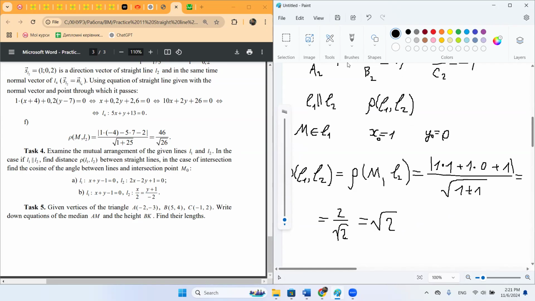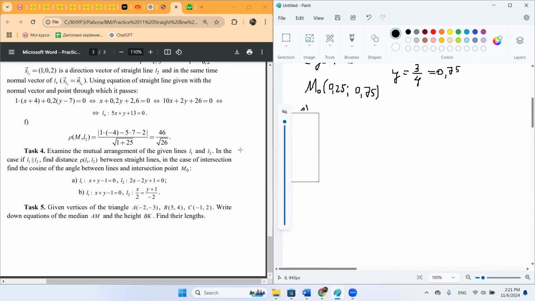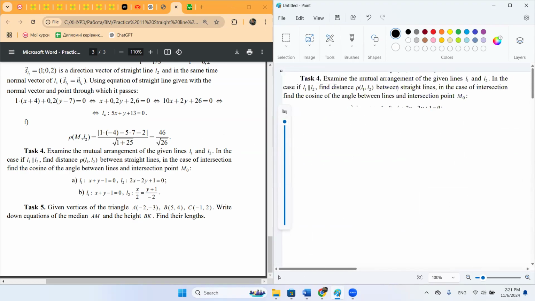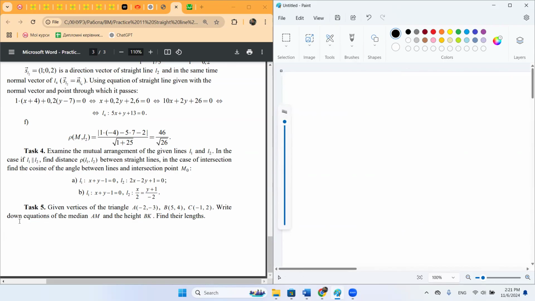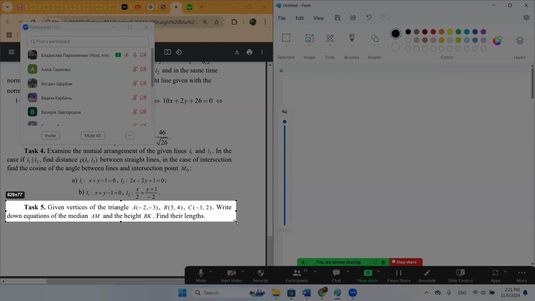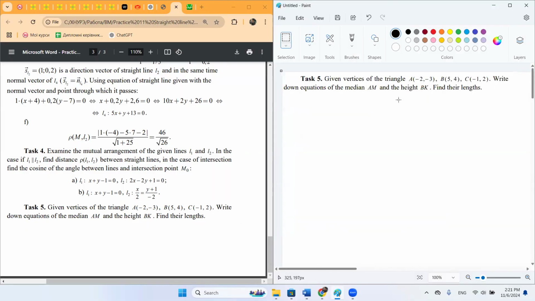Okay, no questions. So now moving to the last task for today. So now we have the vertices of the triangle. We need to write down the equations of the median AM and the height BK.